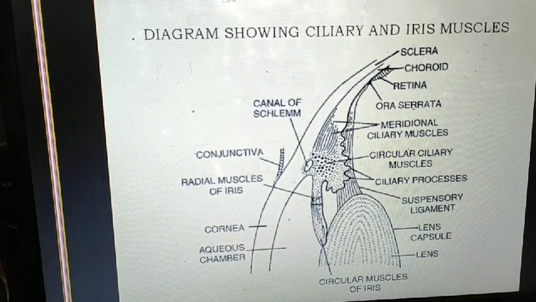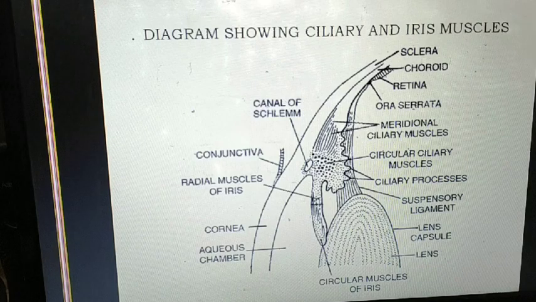It controls the amount of light entering by contraction of the radial muscles in dim light and circular muscles in bright light. The muscles are controlled by the autonomic nervous system.